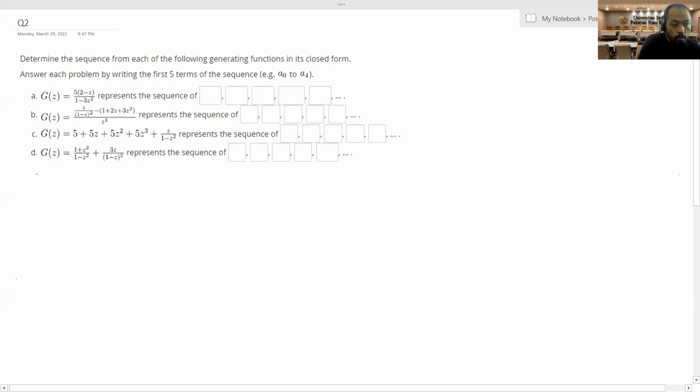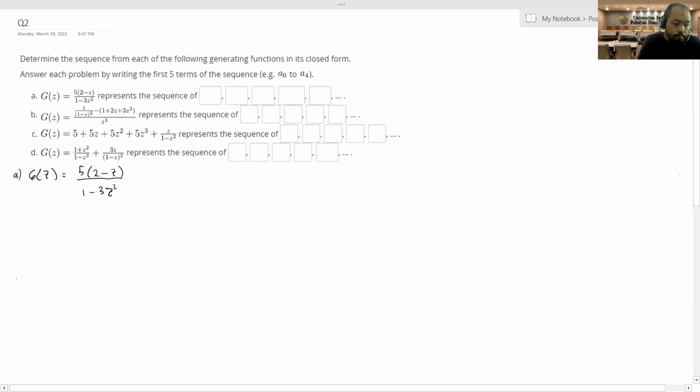So what we would do here is we first transform this into an infinite summation form, and then from there extract the first 5 terms. Let's start with the first one. G(z) is 5 times (2 minus z) over (1 minus 3z squared).